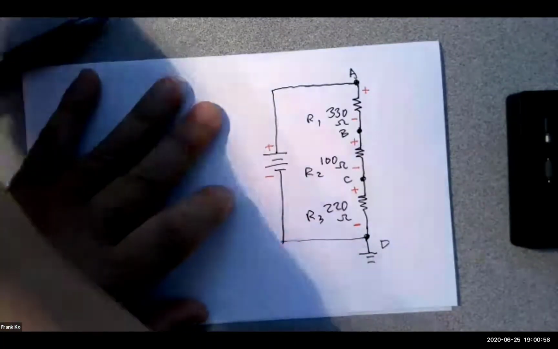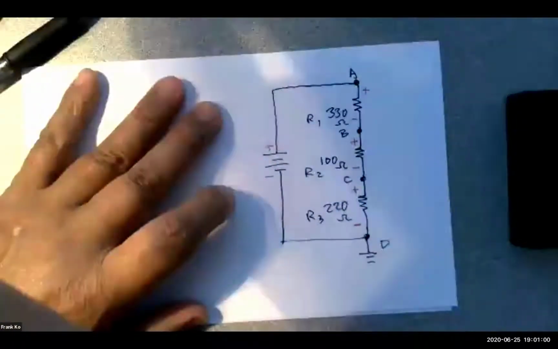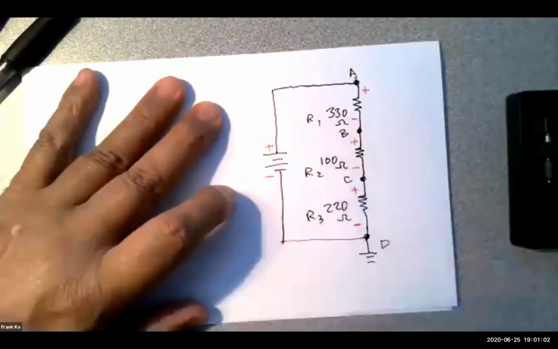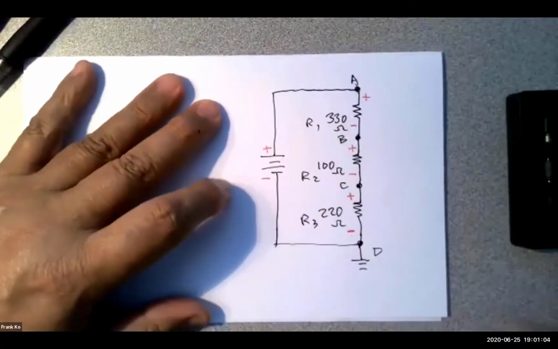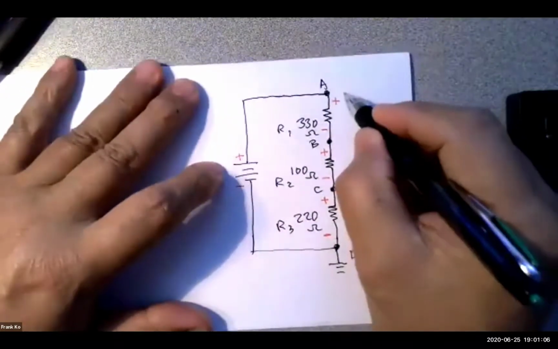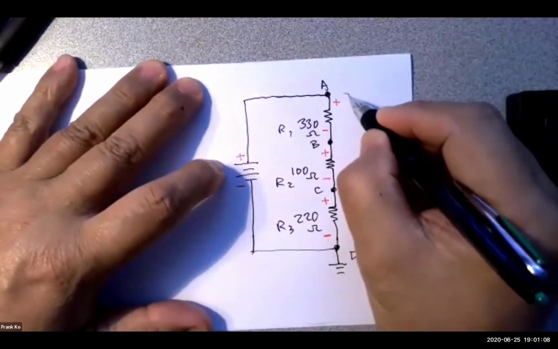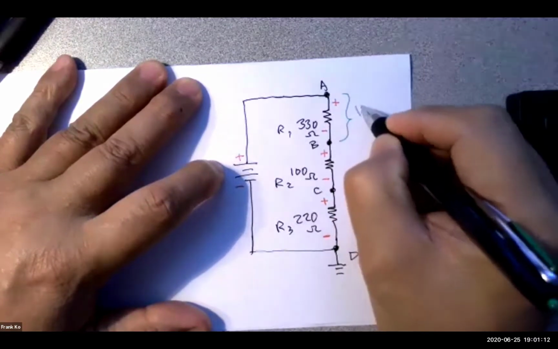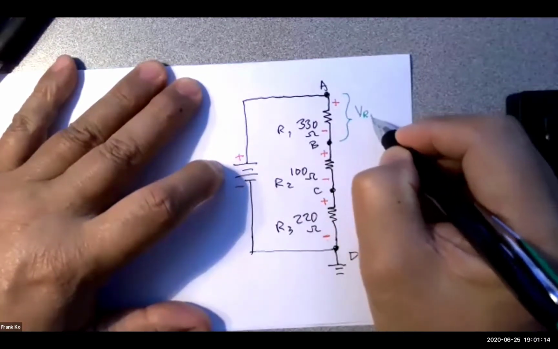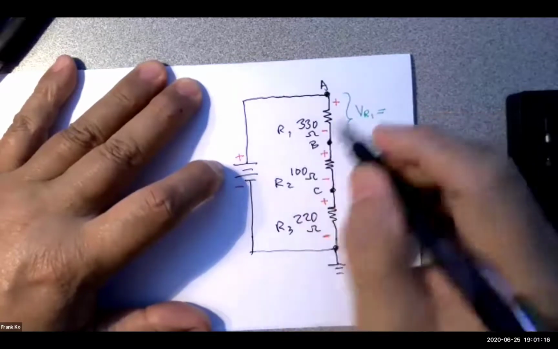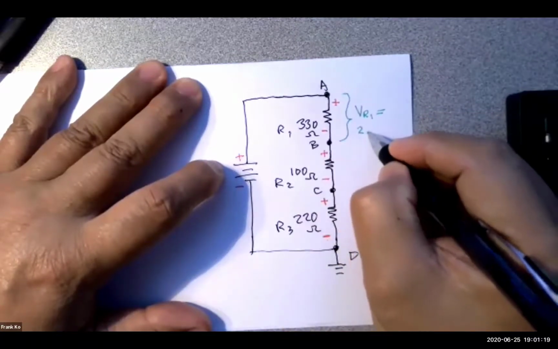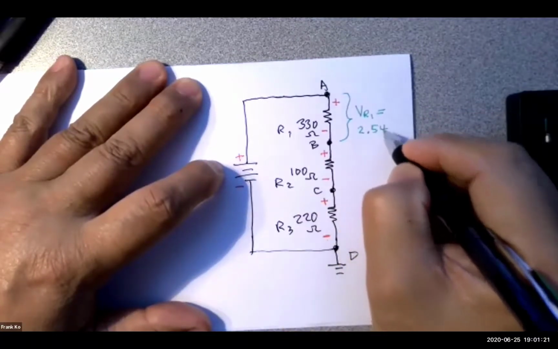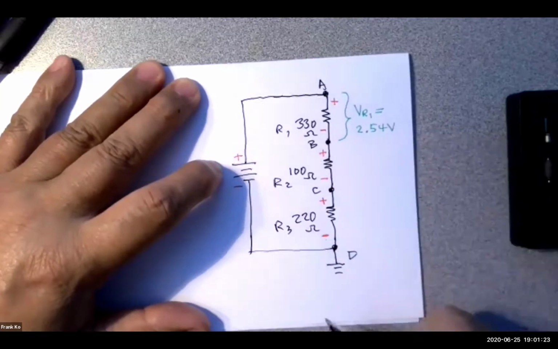Okay. Now, what we just calculated in the previous slide was a voltage from here to here. Our VR1 was calculated as 2.54 volts.